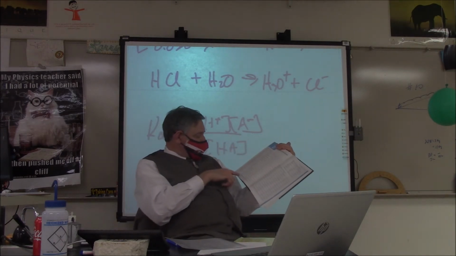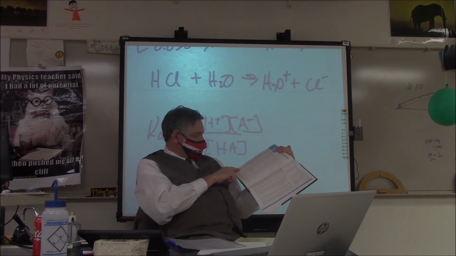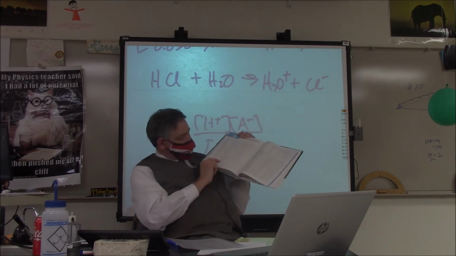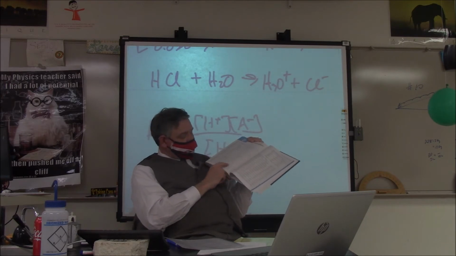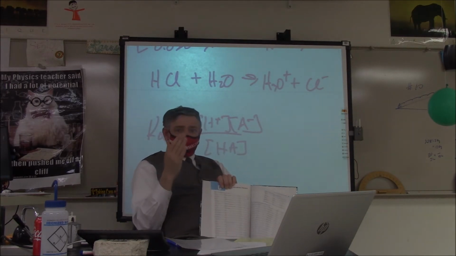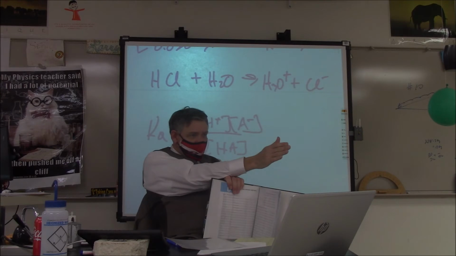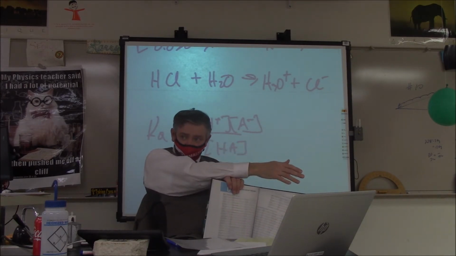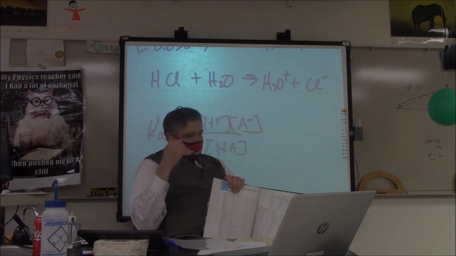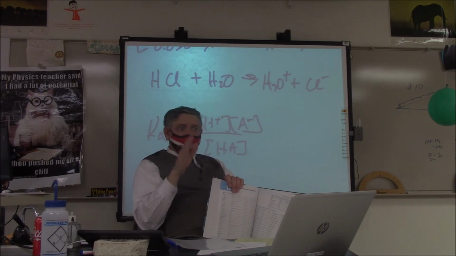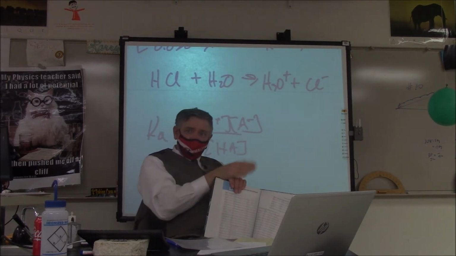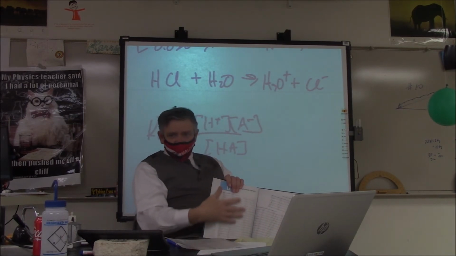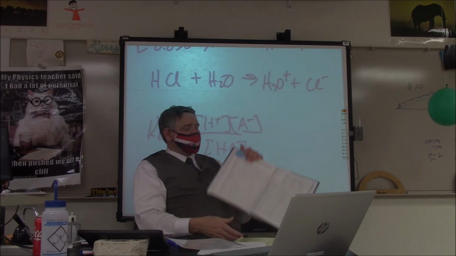Now it's rare, but if you get down here to phosphoric acid, which is H3PO4, notice that phosphoric acid actually has three K values. One when you pull off the first proton, when you pull off the second one, and then when you pull off the third one, okay? So that's rare that that happens because most acids are what we call monoprotic, meaning they only have one proton. But that's why those have different K values.